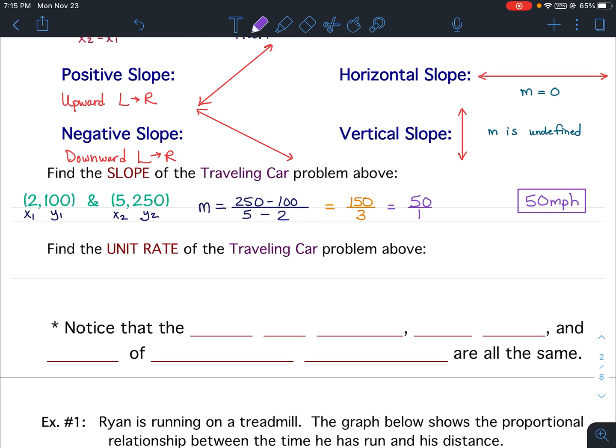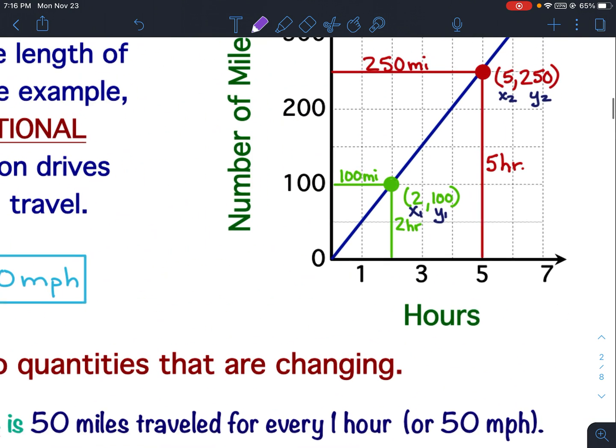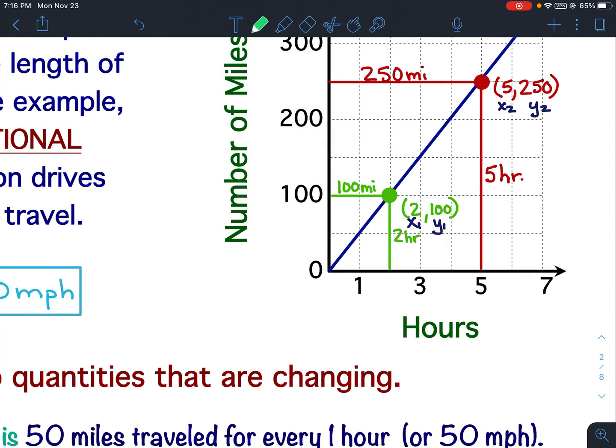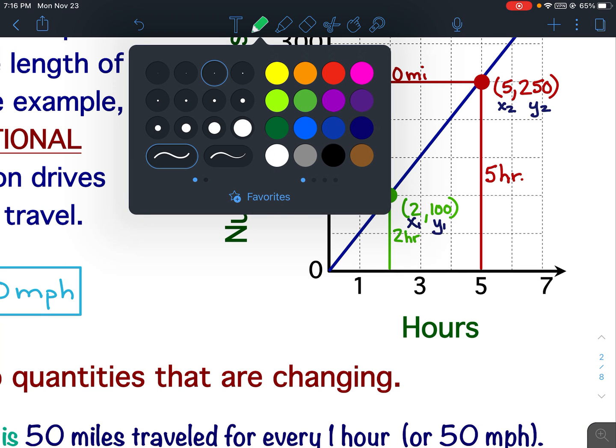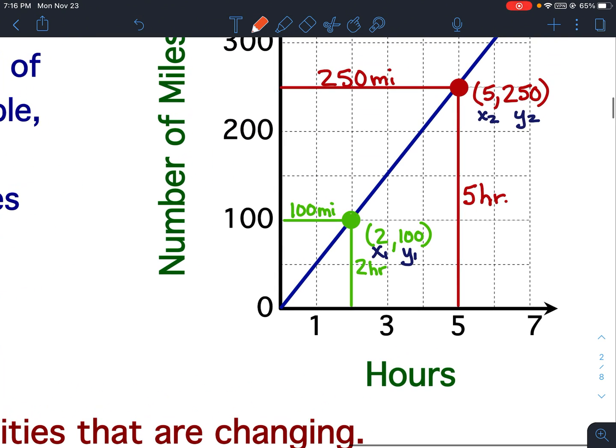Let's find the unit rate. So we're going to pick any point on the graph. Let's pick a different point, one that we haven't used yet. Let's use, how about this point right here?